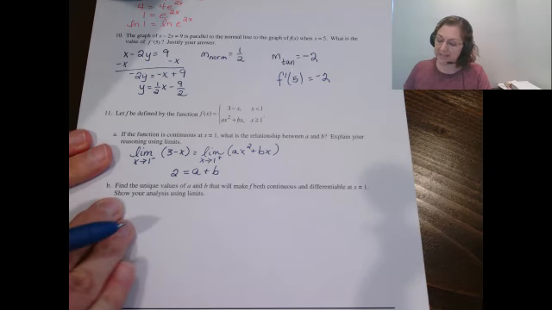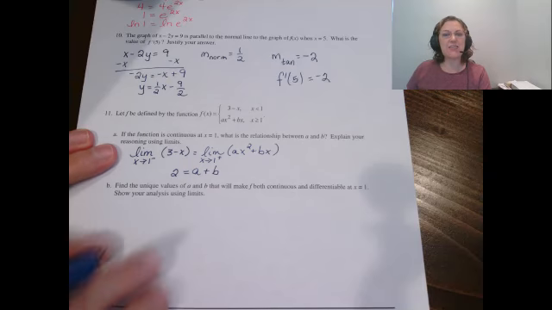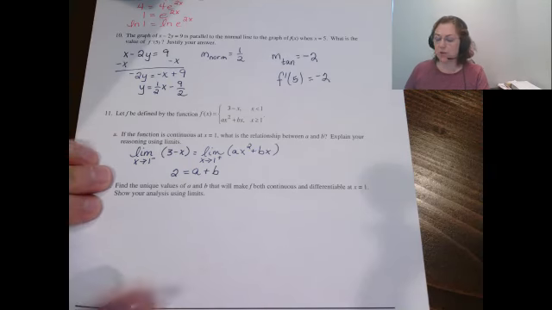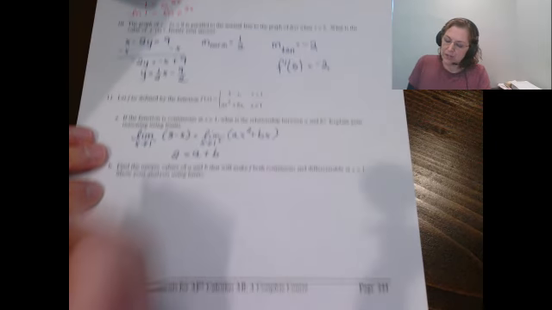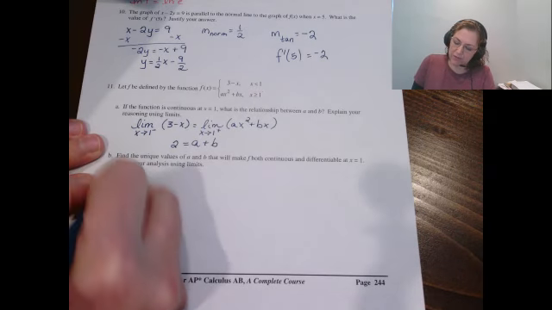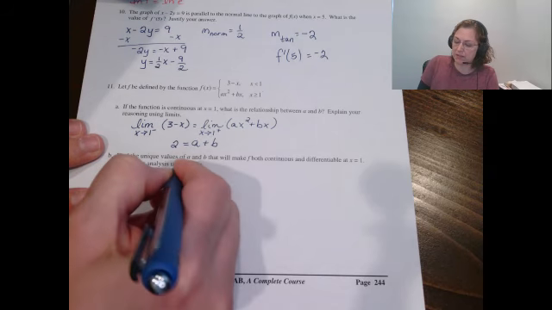All right, now B says, okay, now that you've found this, let's find the exact values of A and B if we know they're continuous and f is differentiable. So let's go ahead and take the derivative of the piecewise. That first piece, my derivative is going to be 1.